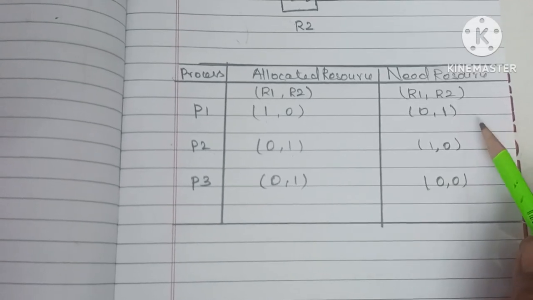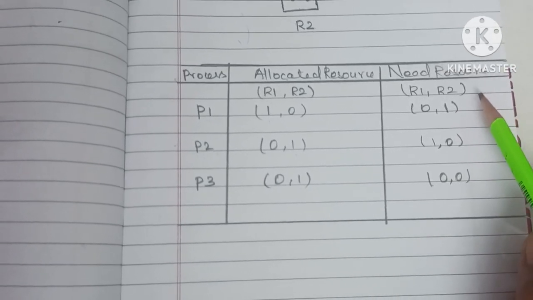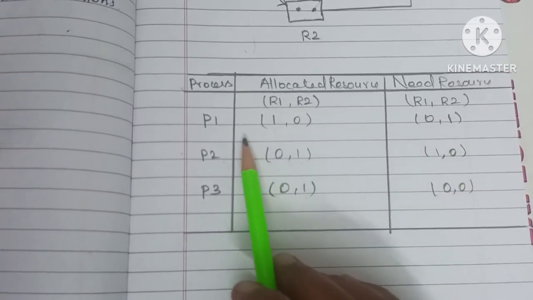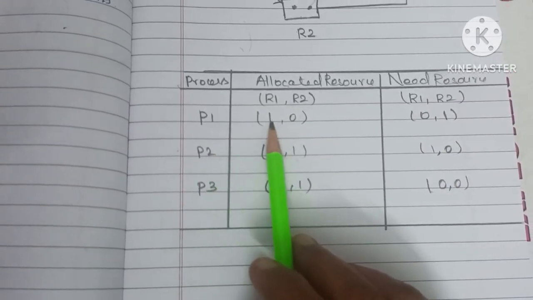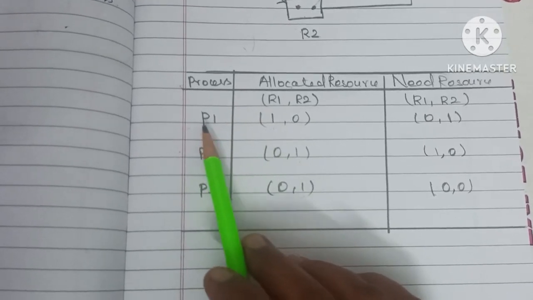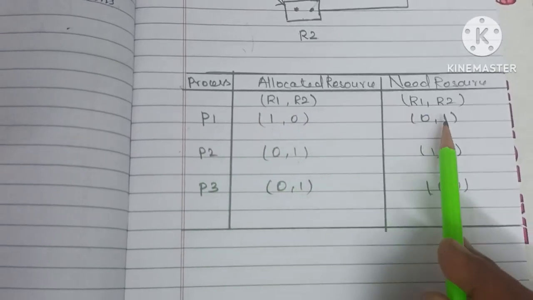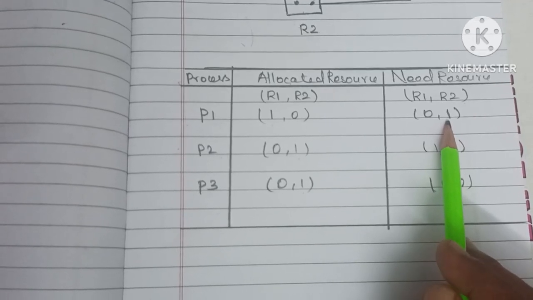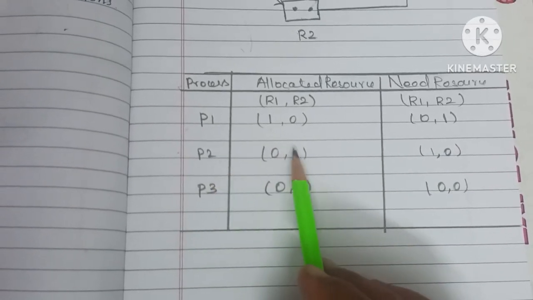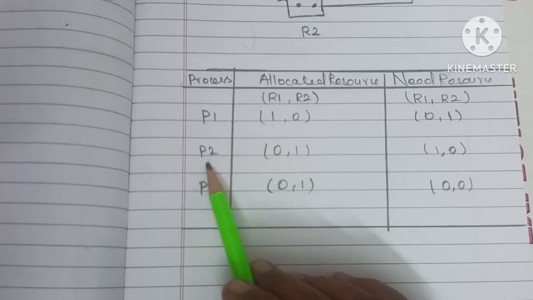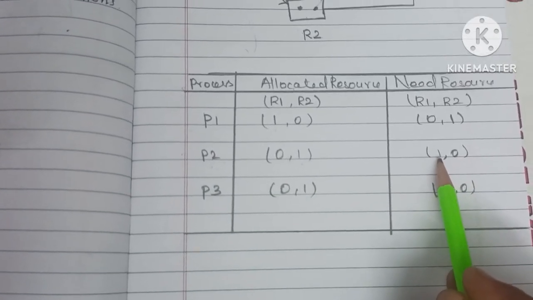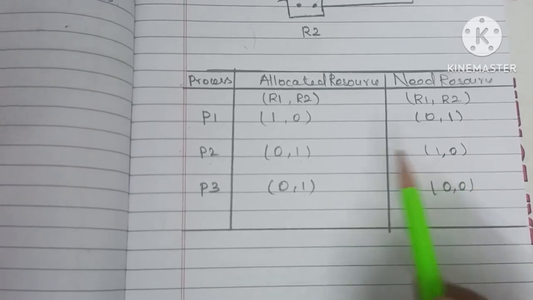Next we need to find the needed resources. We have two resources R1 and R2. For P1, the R1 resource is already allocated. To complete its execution, process P1 needs one instance from the R2 resource. Similarly, the R2 resource is already allocated to the process P2, so to complete its execution it needs an instance from the R1 resource.